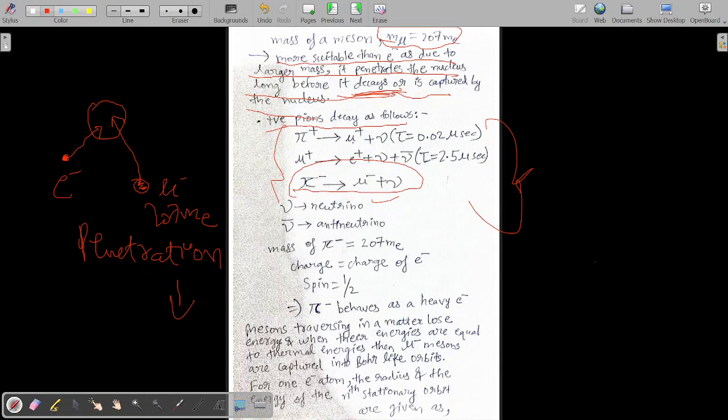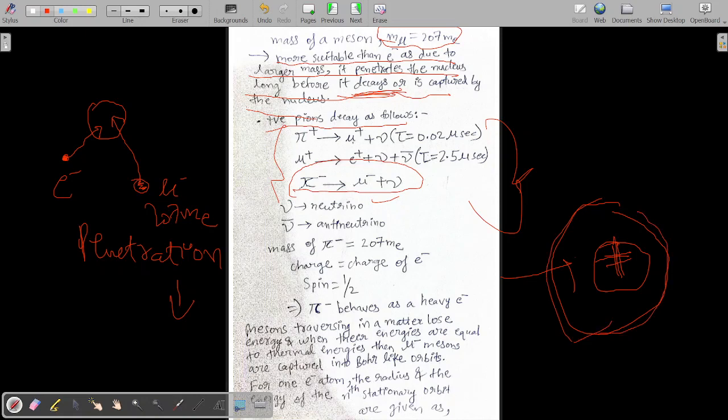Okay, so suppose this is your nucleus, then your mu minus mesons will come inside this atom, because before going towards the nucleus they will first encounter the outer electron cloud. So they will be captured in the Bohr-like orbits.